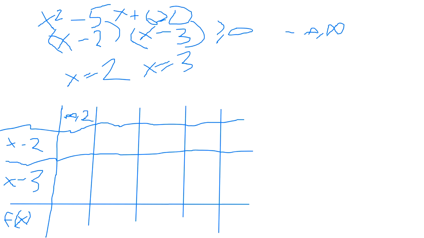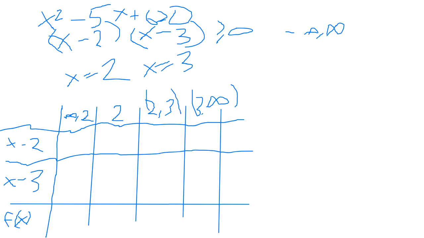Here will be 2, and here will be from 2 to 3. And here will be from 3 to positive infinity. Does it make sense to you?